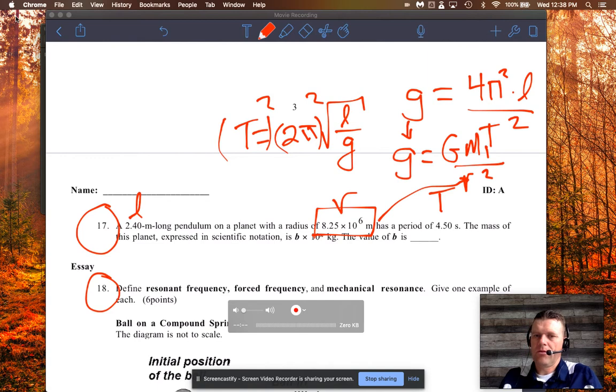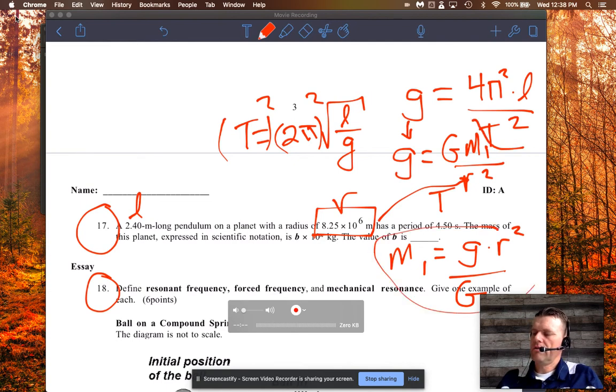Carefully manipulating that, M1 should be equal to little g times R squared over big G. Yes, big G. Sorry, I'm trying to separate that from the other one. So there would be the mass.